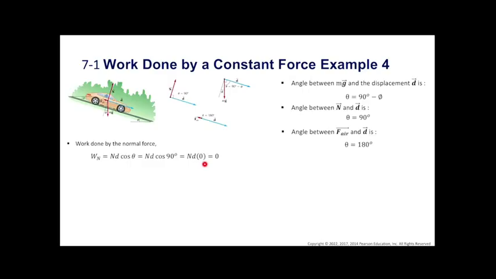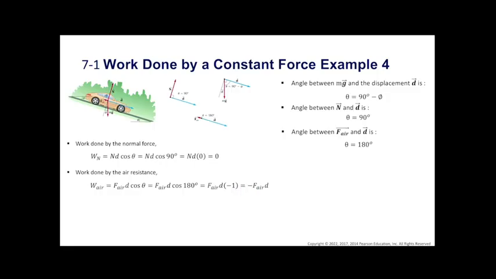There is no contribution from the normal force. Then the work done by air resistance, which is completely opposite to the direction of motion. The angle is 180 degrees, and cos 180 is minus 1, therefore it is the force times displacement, but a negative value.